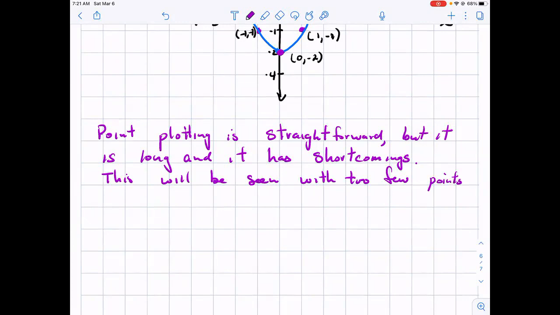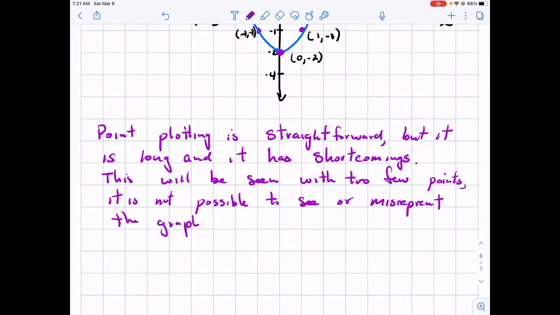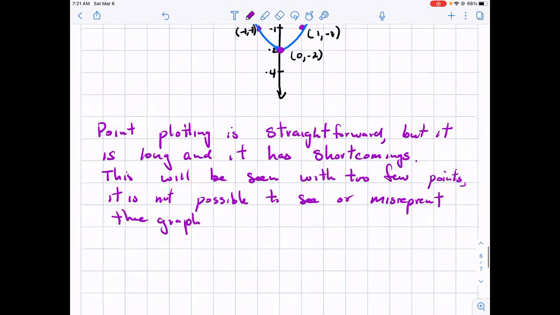When we have too few points, it is not possible to see, or we may misinterpret or misrepresent the graph. This is very common, extremely common.